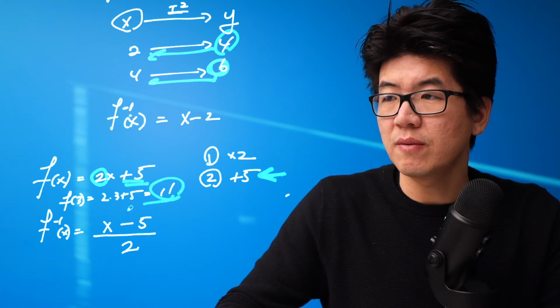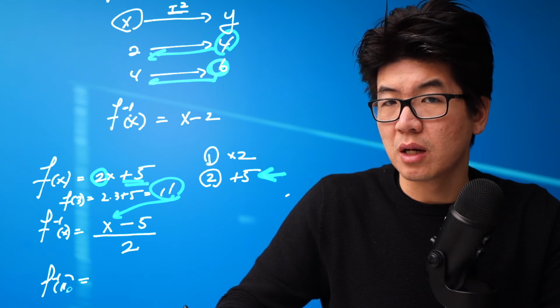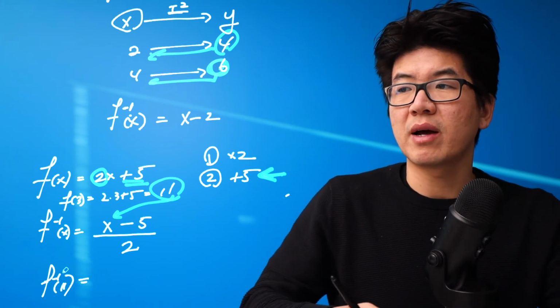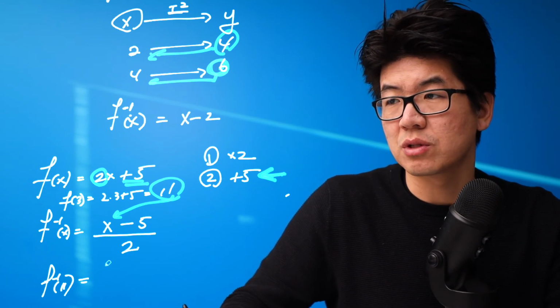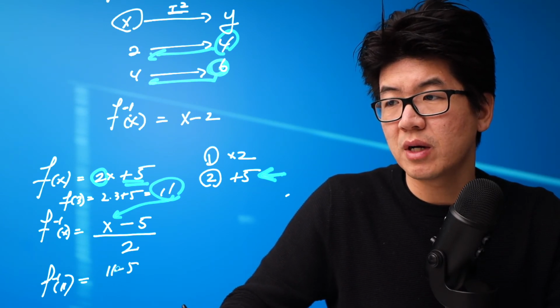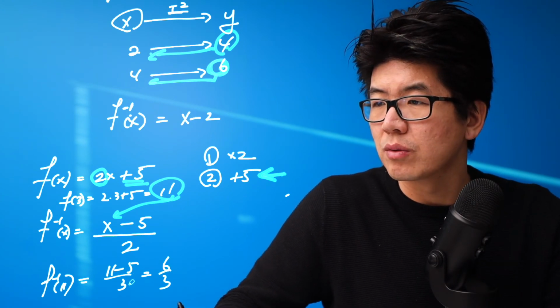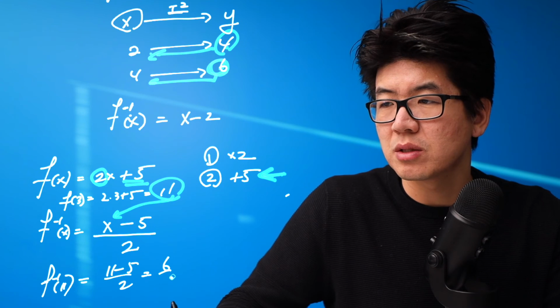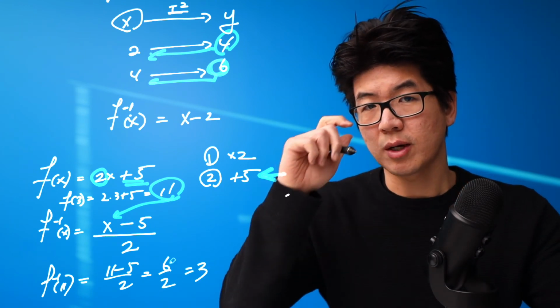And if you put 11 in here, let's see what happens. f inverse at 11 should give you back 3 if this is a correct inverse function. 11 minus 5 over 2, 6 over 2, I did a copy and paste error there, so it does give you 3.